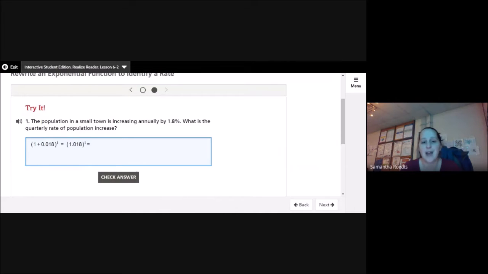Then I'm going to raise that value to 12 over 12 because I want to figure out quarterly. So quarterly, instead of 12, like monthly would be, quarterly is 4.